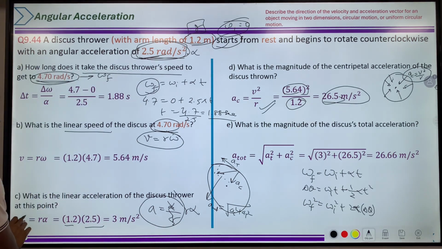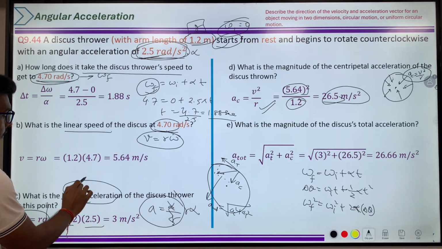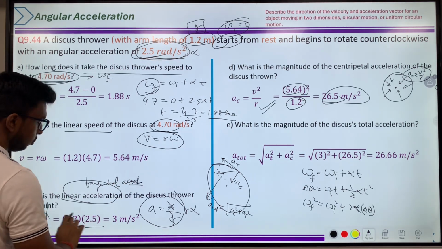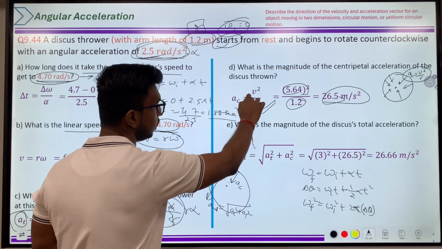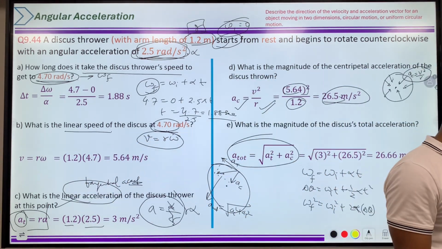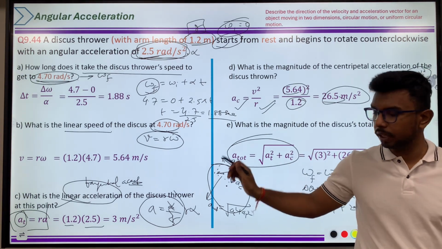The a which we find from the angular acceleration alpha is the tangential acceleration. Remember, linear acceleration or tangential acceleration, here it's the same. So I have the at, I have the ac, I can find the value. And will a net point towards the center? No, it will point somewhere in between.